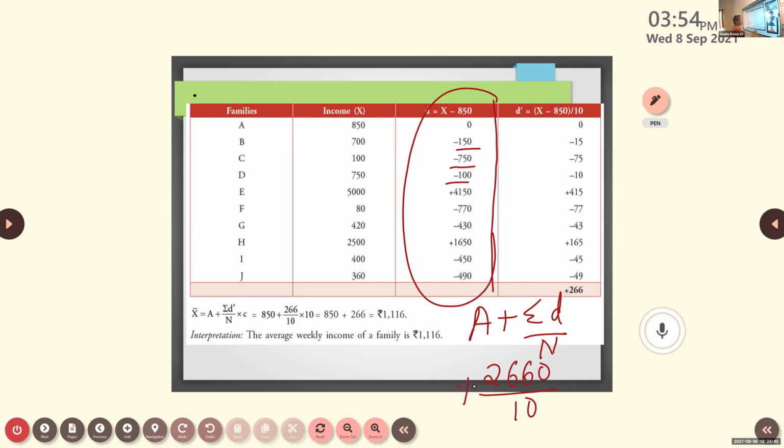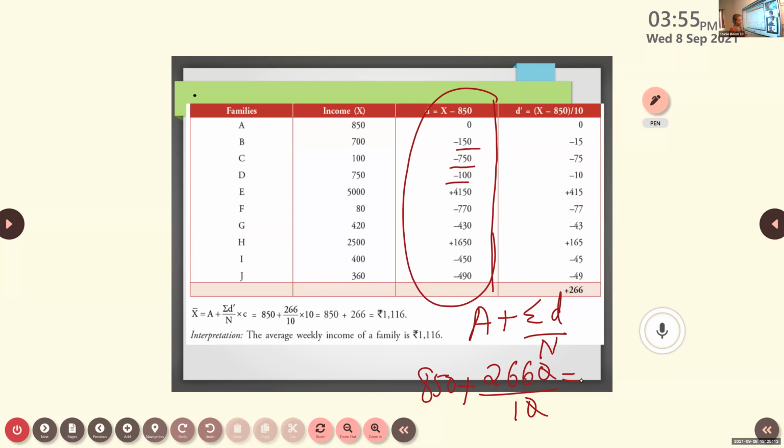What is the assumed mean? 850. So 2660 by 10, you can take it as 266. 850 plus 266, how much do you get? What will be the answer?